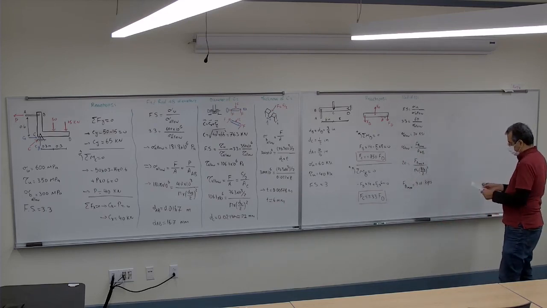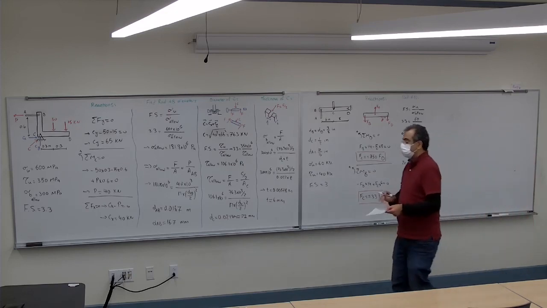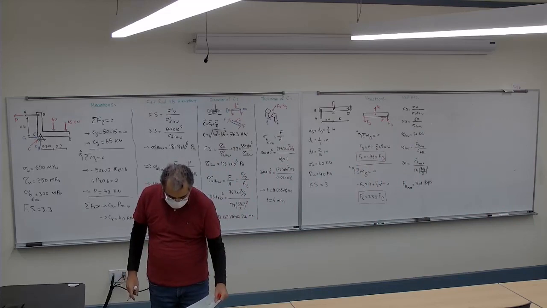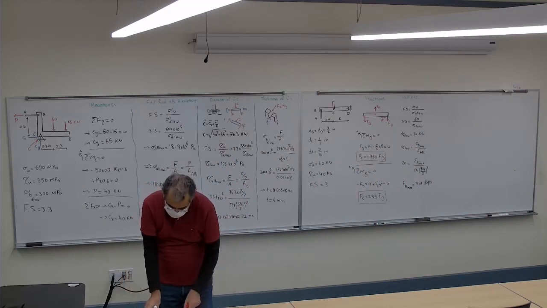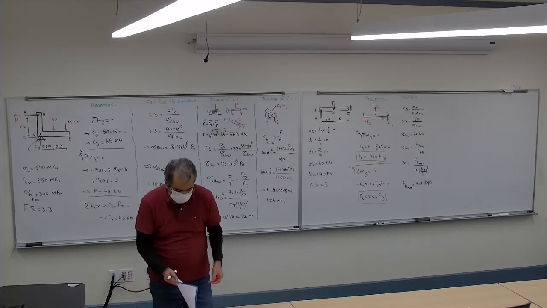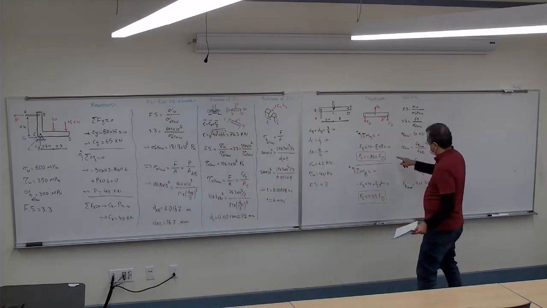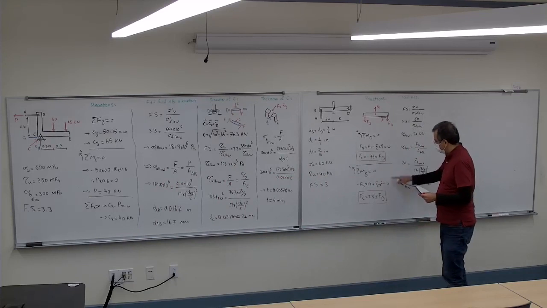And if this is the maximum for FB, how much will be the maximum for C? Look here, I have these two equations.